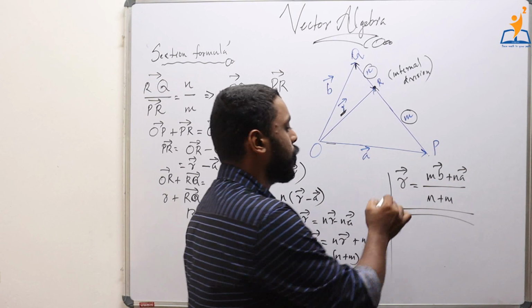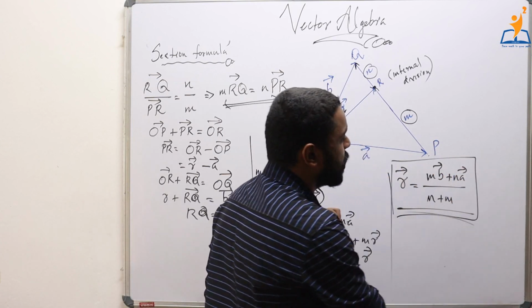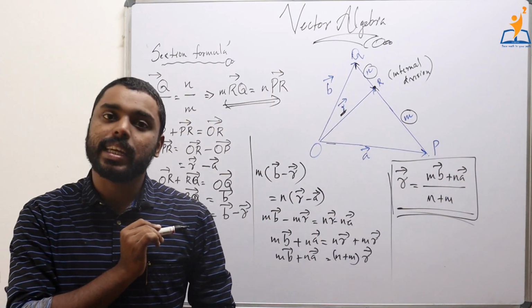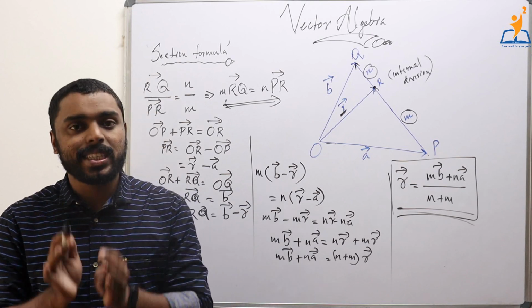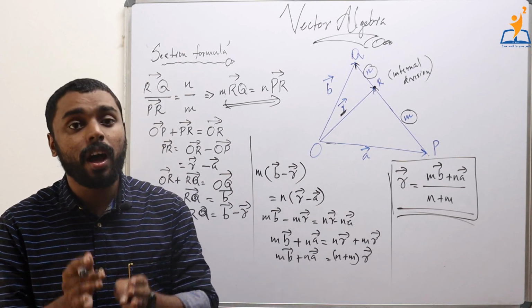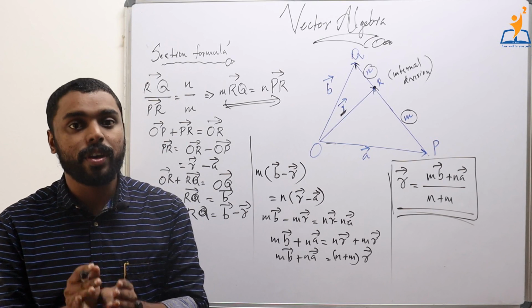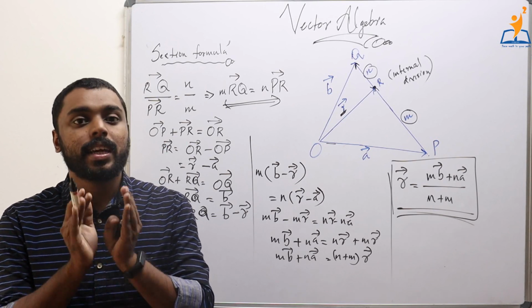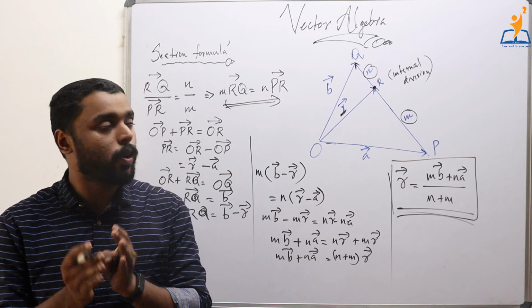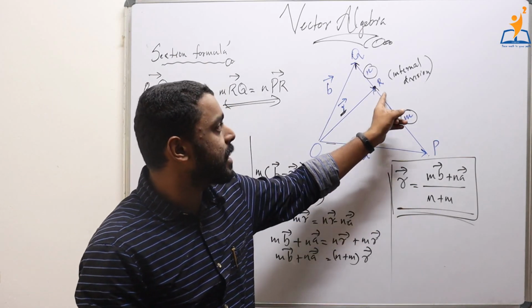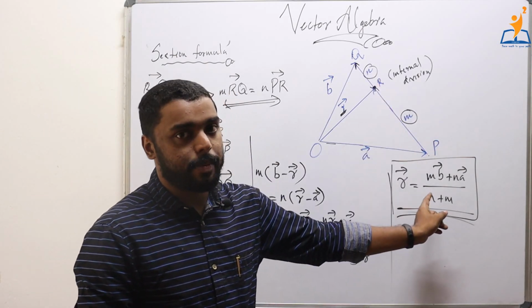So, easily we can find the position vector of the point which divides those 2 points internally in the ratio. This is the second section formula for a position vector of a point which divides 2 points internally. Always remember that this is the section formula for internal division of a line segment.